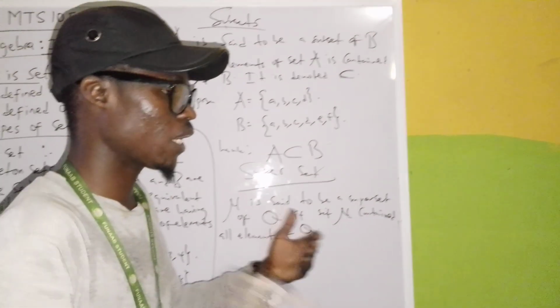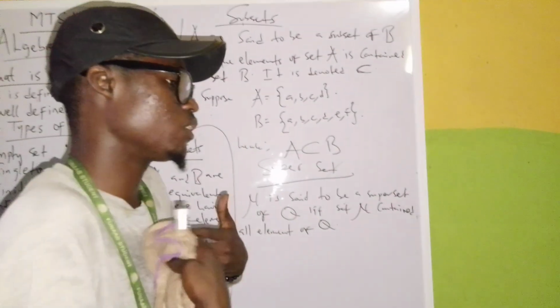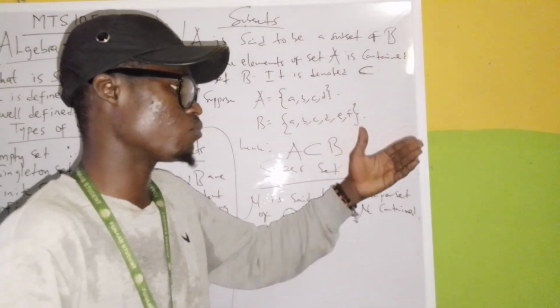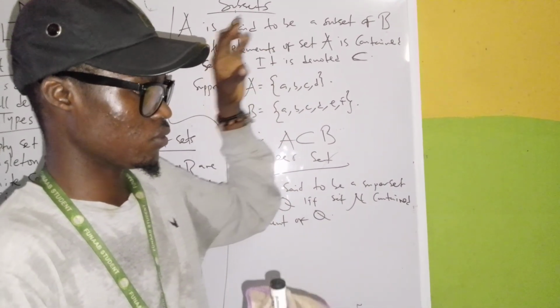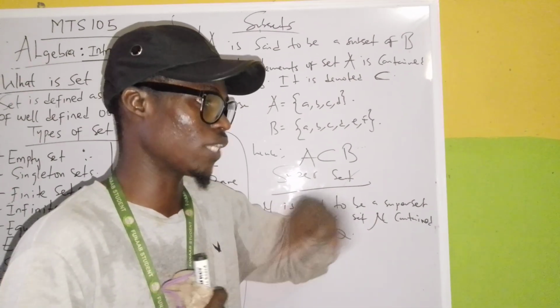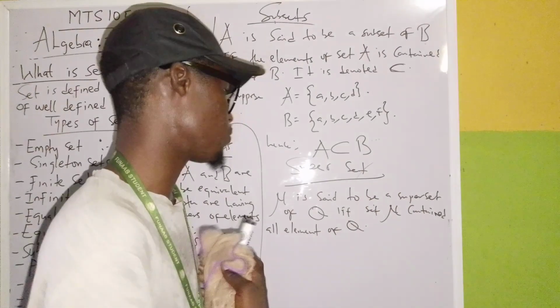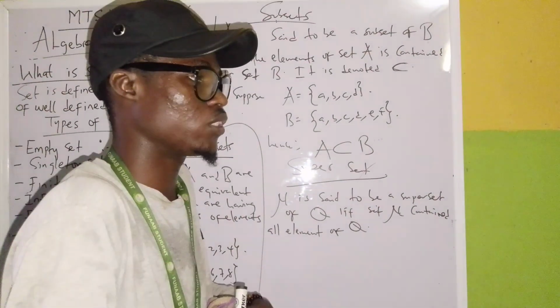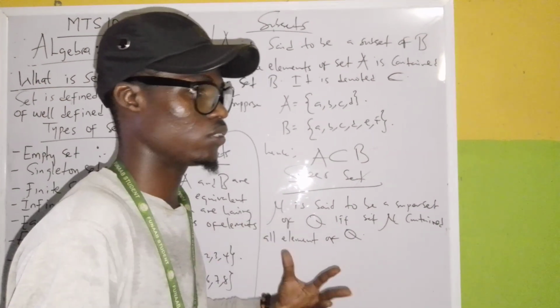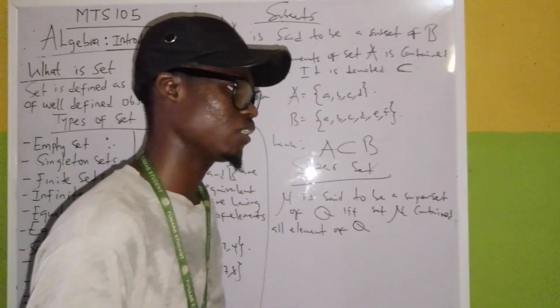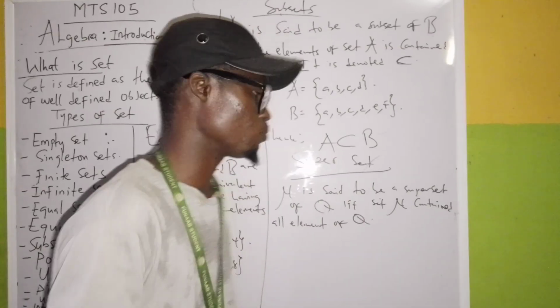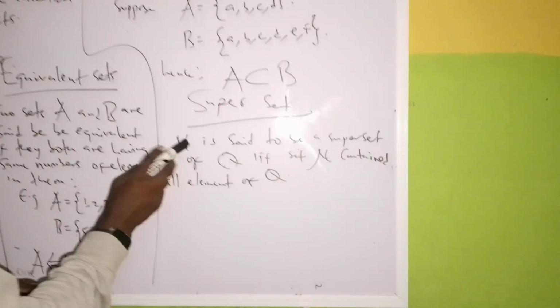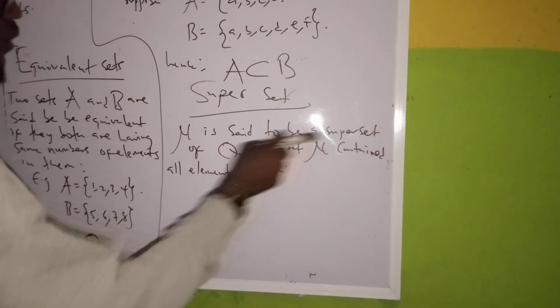If I'm talking about Musa, the things Musa has are contained in me, so that's a subset. But if you are talking about me, I am the superset. I'm not the boss here, but it means I have everything Musa has, and even more. So that's a superset.